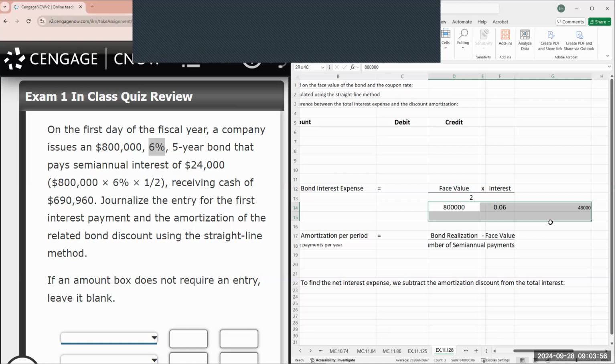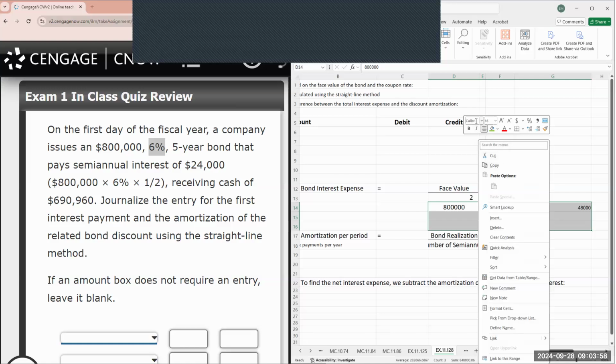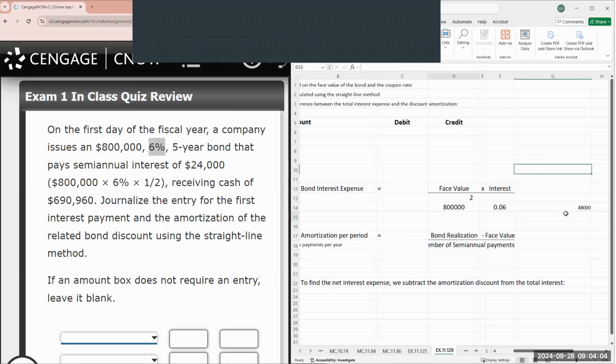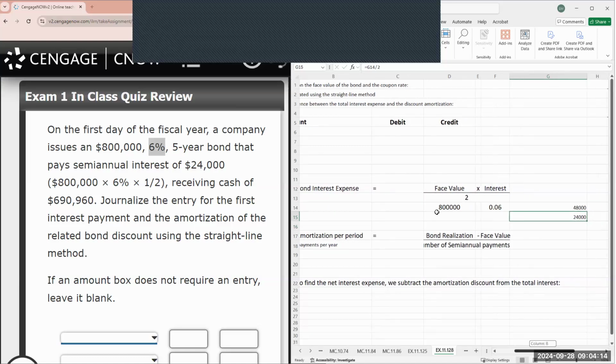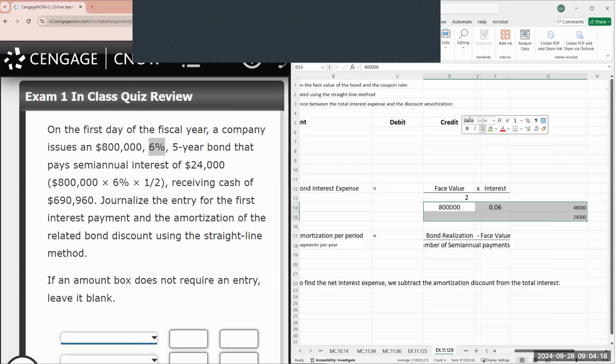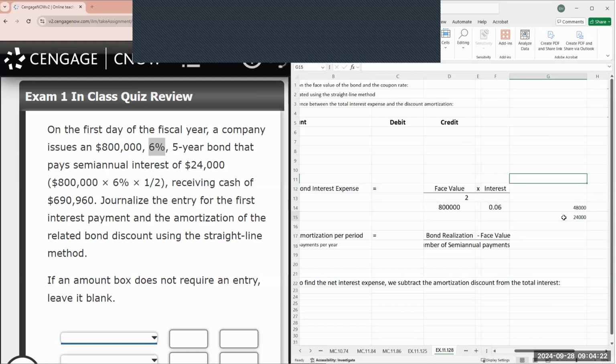That gives us a total of $48,000 in interest for the year. But again, payments are being made twice a year. So we divide the total interest per year, which is 48,000, by 2, and that gives us our semi-annual interest expense, $24,000. The problem already calculated it, but just to ensure that you understand how the amount was calculated, that is why we did the calculation here.